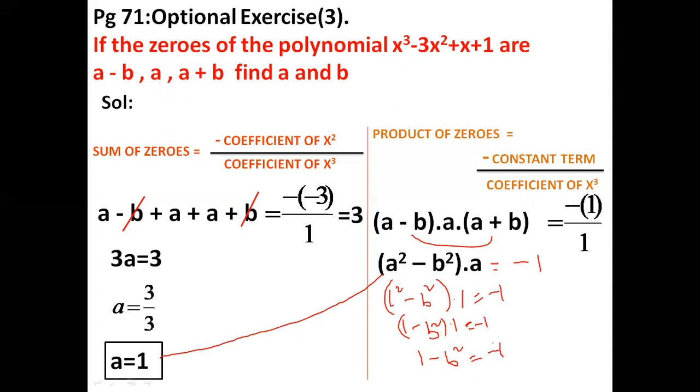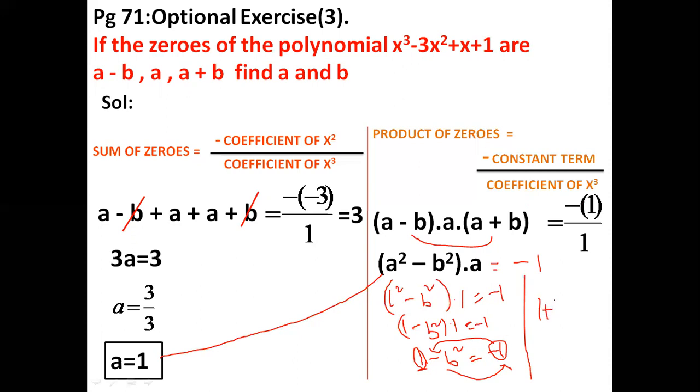Now you take this minus 1 to the left side, and you take minus b square to the right side. What we get here? 1, I'm writing this one as it is, and I'm taking this minus 1 to the left side. If minus 1 comes to the left side, then we get plus 1.